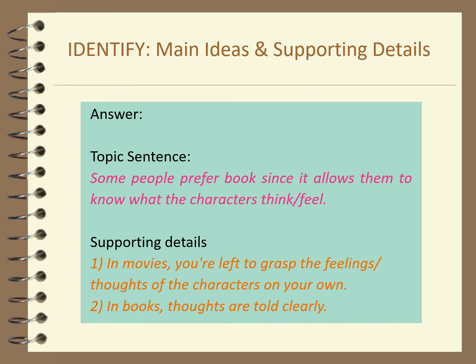Okay, so what about the elaboration? The elaboration is that in movies, you're left to grasp the feeling, and so on and so forth. Do you remember when I asked you to find the argumentative article? I actually gave you some tips. The tip is that you can find an article that has clear subtopics.